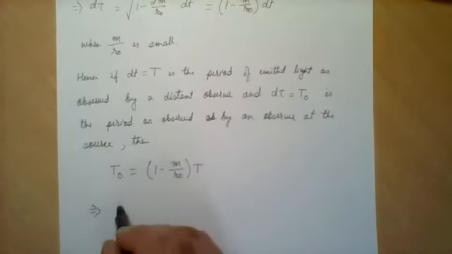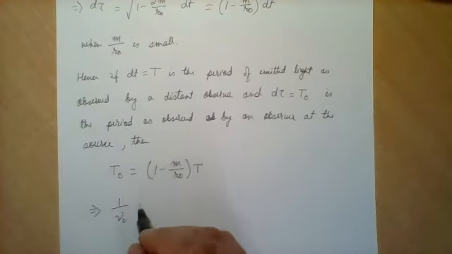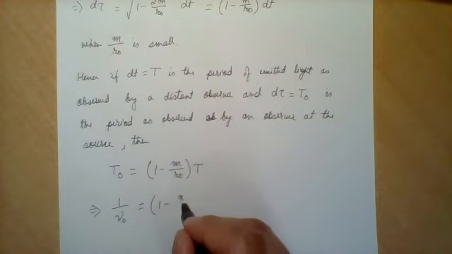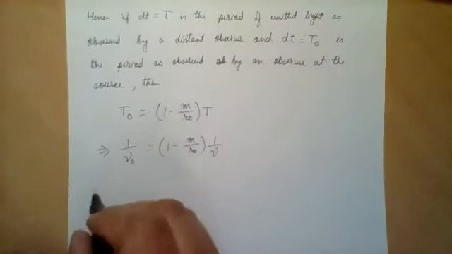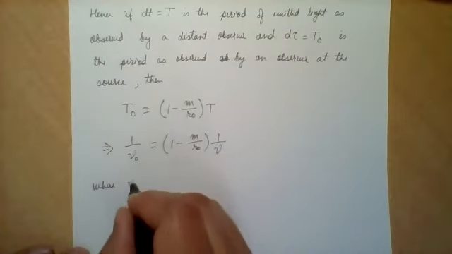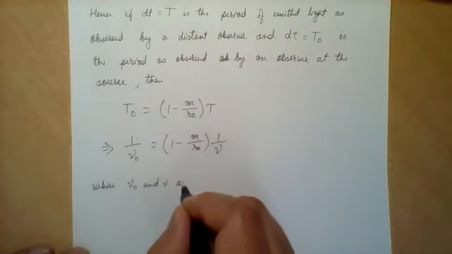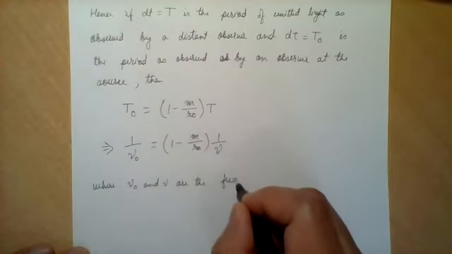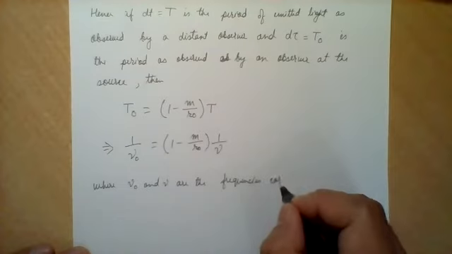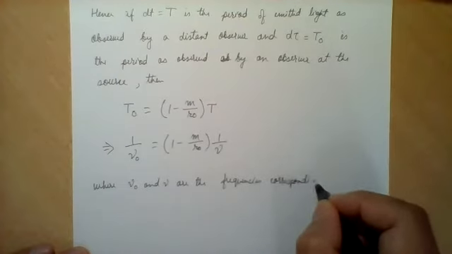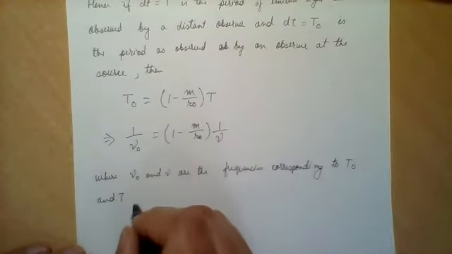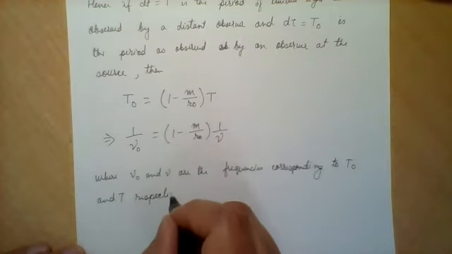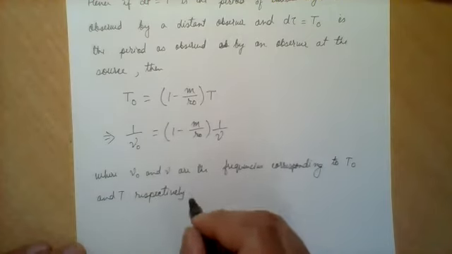So in terms of frequency, this becomes 1 by nu0 equals 1 minus m by r0 times 1 by nu, where nu0 and nu are the frequencies corresponding to T0 and T respectively.